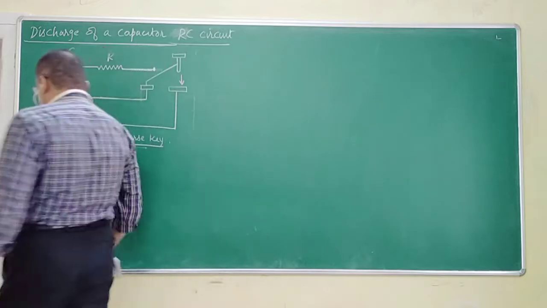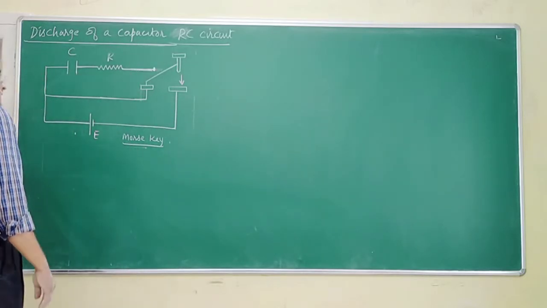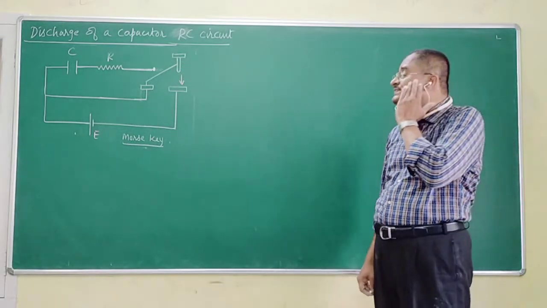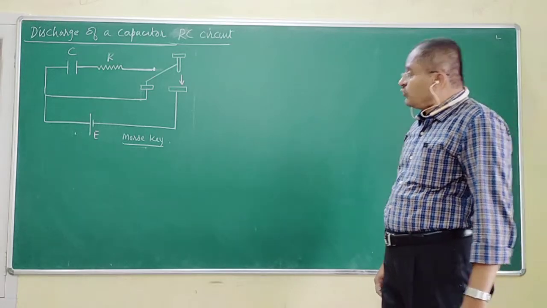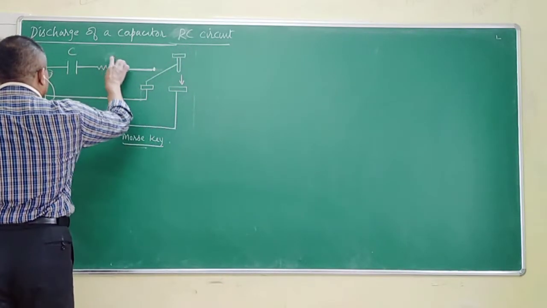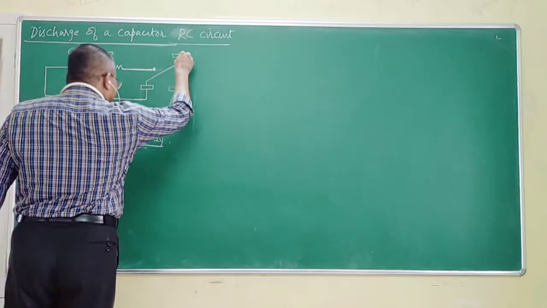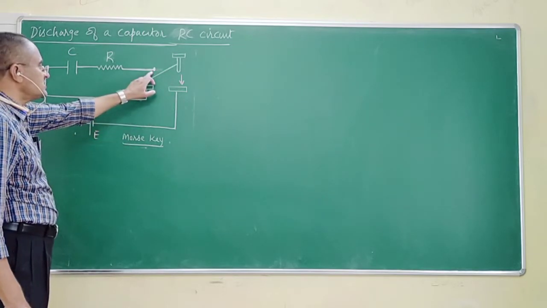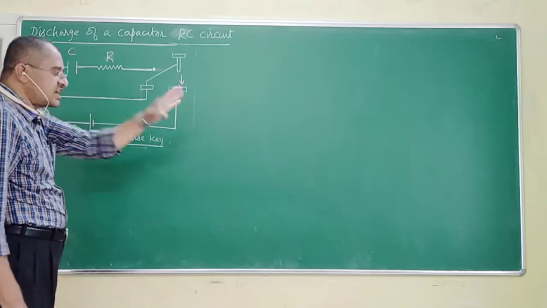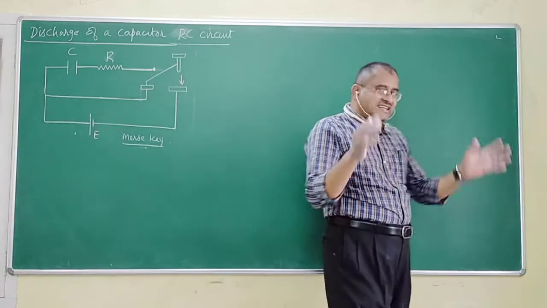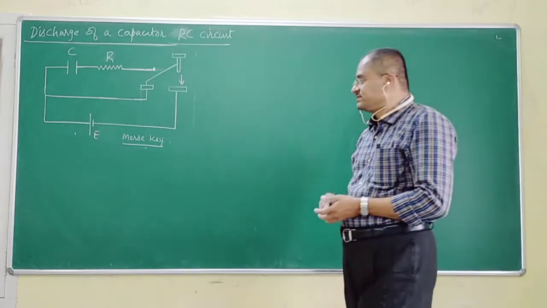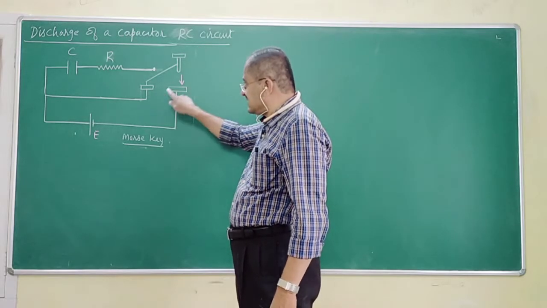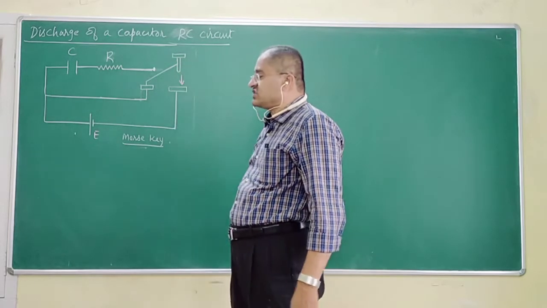Now, as I said, a capacitor and a resistance are connected in series through a Morse key. If I press this Morse key, it will touch here and the capacitor will get charged.